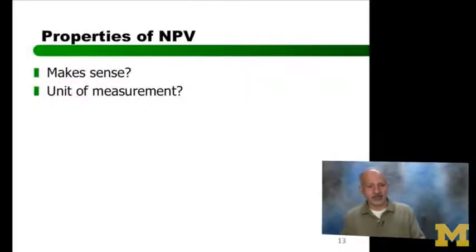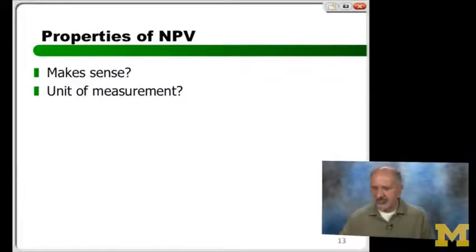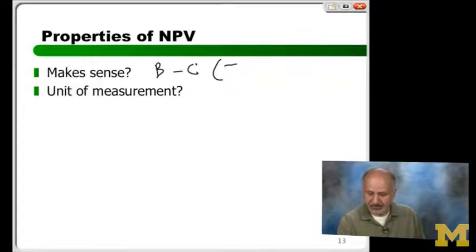Unit of measurement. Now the make sense part in some senses captures all the following parts. So I'm just going to highlight the 1 or 2 issues in make sense, and then you'll get a feeling for unit of measurement. What is it? So let's just make some notes as we go along. Benefits minus costs, time value of money.